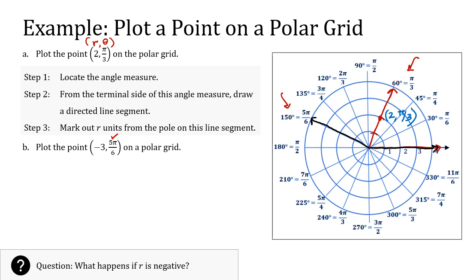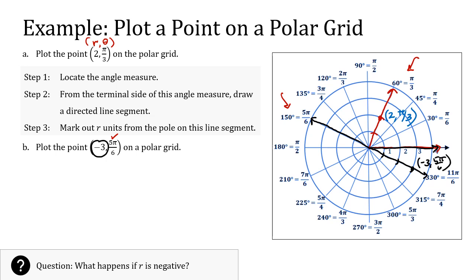Now, because we have a negative r value, we're going to extend that directed line segment in the opposite direction, directly across. And it's on that directed line segment that I'm going to mark out 1, 2, and 3. That is going to create the polar coordinate negative 3 comma 5 pi over 6.